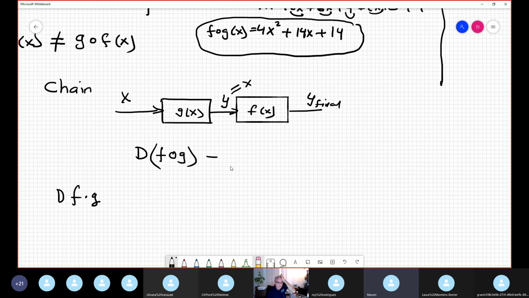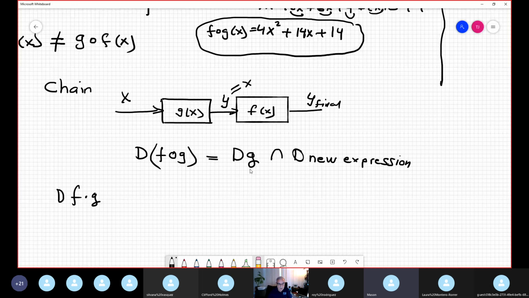The domain of the composition is equal to the domain of the first function, which is g, intersection the domain of the new expression. What is the new expression? Well, the new expression is what you obtain when you put together this and this like one. In this example, maybe, in this order. Or this example.